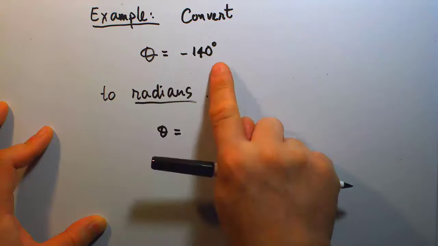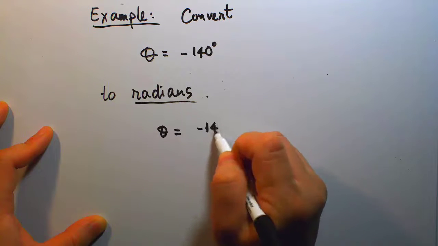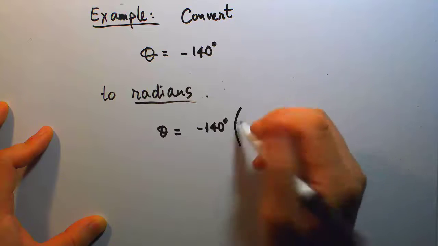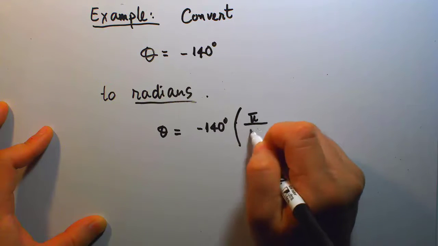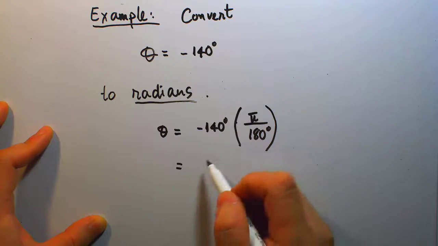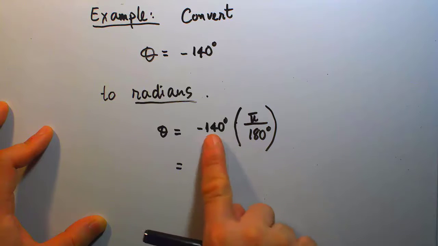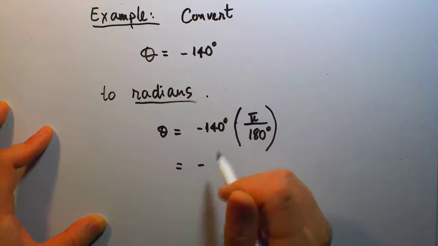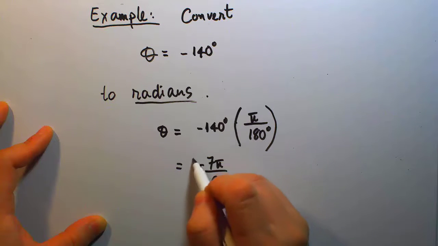The degrees given here is negative 140, to be multiplied with the ratio pi over 180. We can cancel out the common factor 10, and there's also a common factor of 2, so we're looking at negative 7 pi over 9.